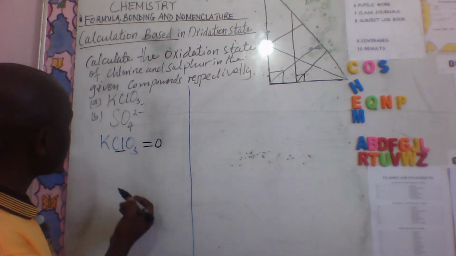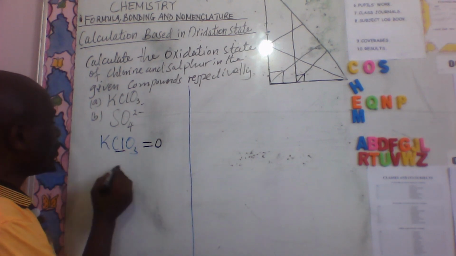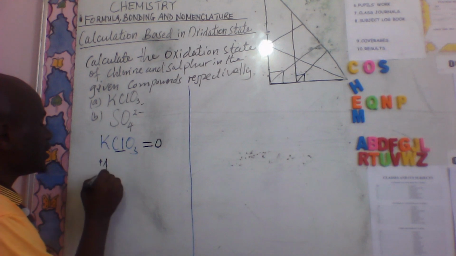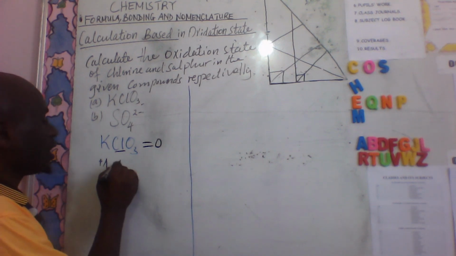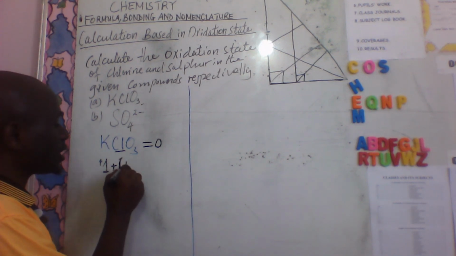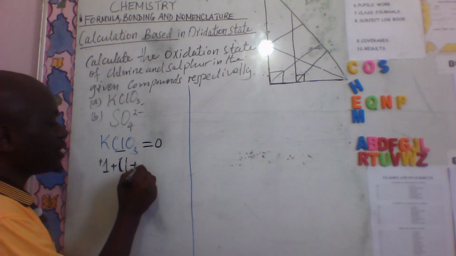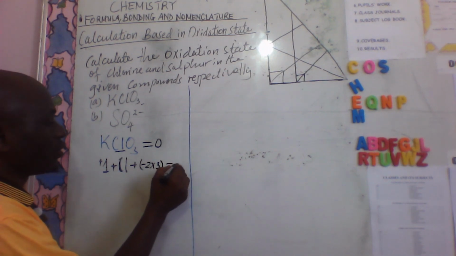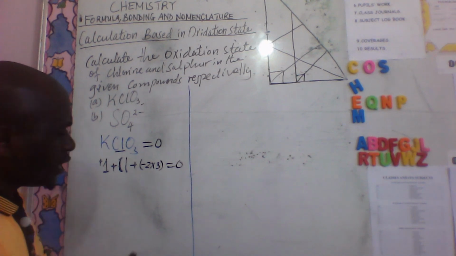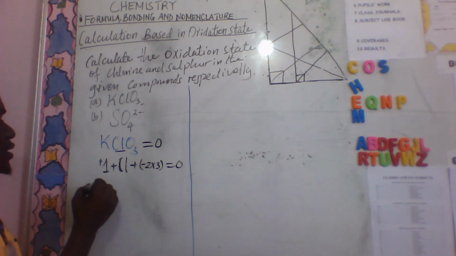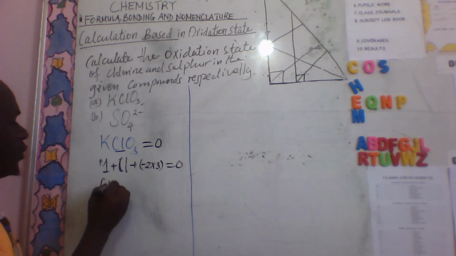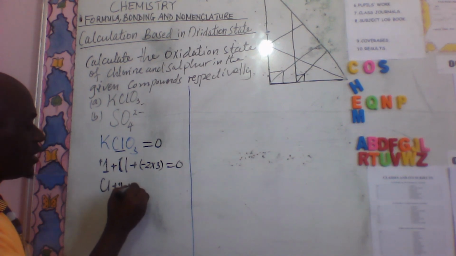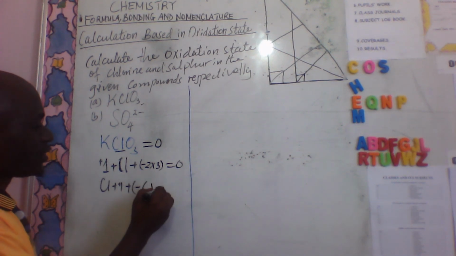So here we have potassium chloride. Potassium has positive 1 valence, plus chlorine, plus oxygen, which has negative 2 times 3, is equal to 0. So here chlorine plus 1 plus negative 6 is equal to 0.